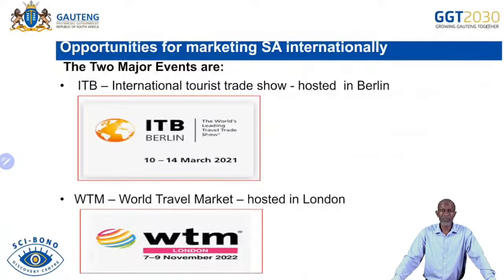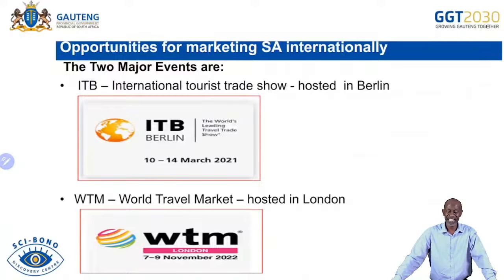The second platform that is used to help South Africa showcase their products internationally would be the World Travel Market, or in short, you are also allowed to write it as WTM, but you have to know it in full as well, because you might be asked, what does the acronym WTM stand for?